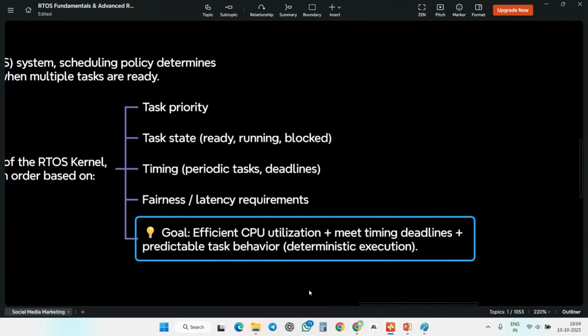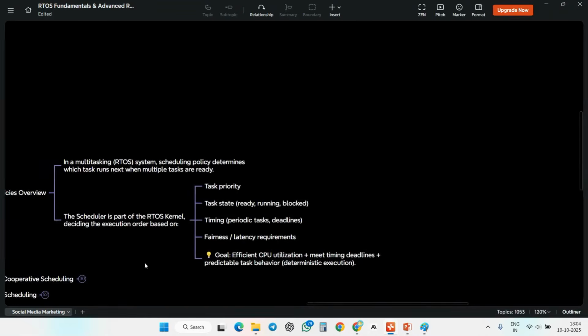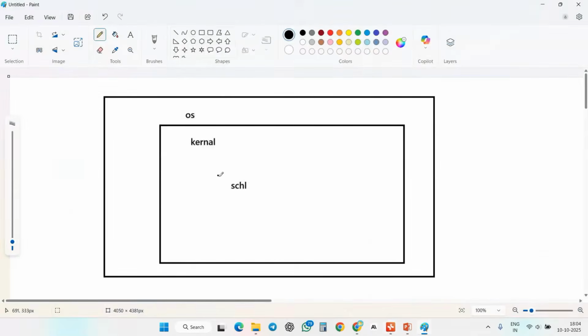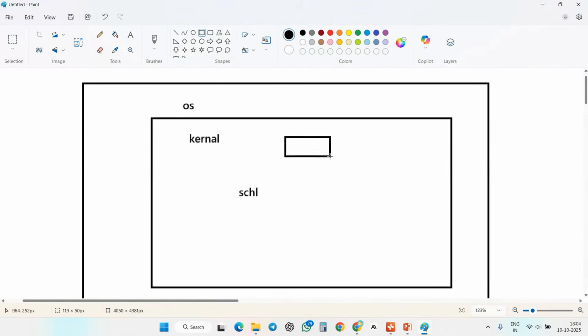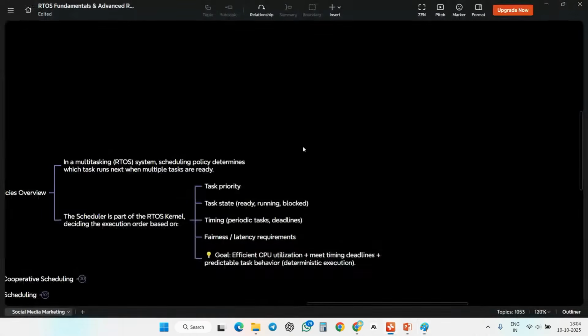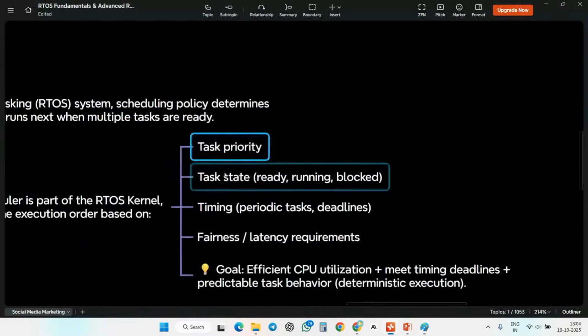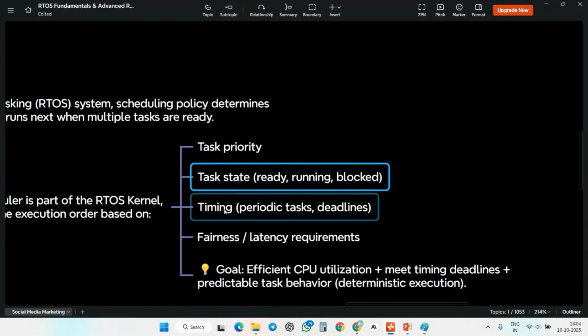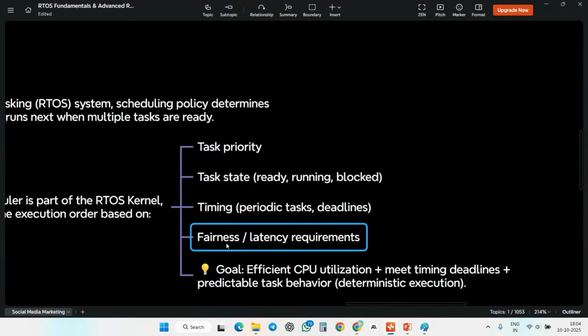That means deterministic execution. What we are saying here is that I need to schedule tasks. I have multiple tasks like this, and I need to schedule them based on my conditions. What are those conditions? Priority number, task state, and timing, fairness or latency.